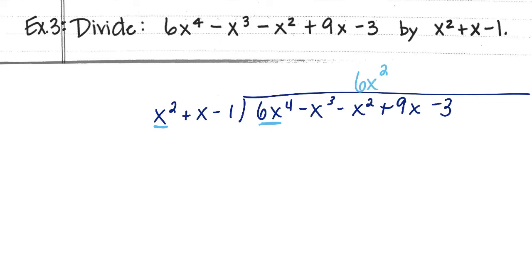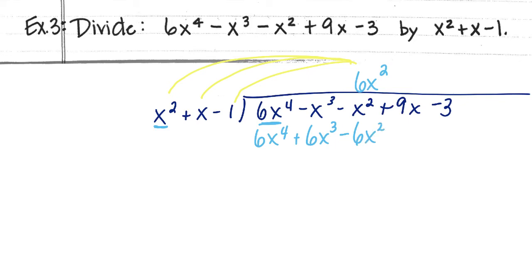Some people line it up in the front. It doesn't matter as long as you remember. This now has to distribute to 1, 2, 3 of the terms. 6x squared times x squared is 6x to the 4th. 6x squared times x is positive 6x cubed, and 6x squared times negative 1 is negative 6x squared.